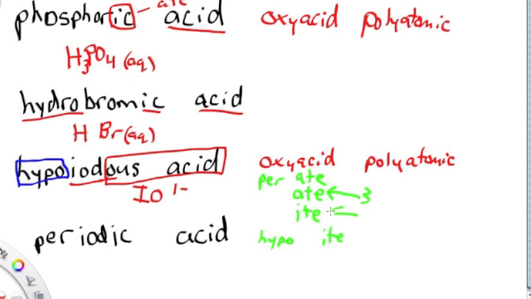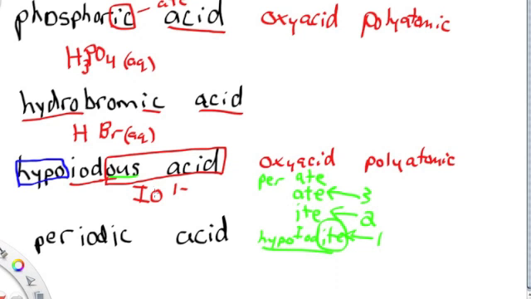Ite would be lower, so it would have 2. Hypoite would only have 1. So IO 1 minus is hypo-IO, in this case iodite. Ites become us acids, and so this ITE would become that OUS, and I would end up with hypoiodous acid.